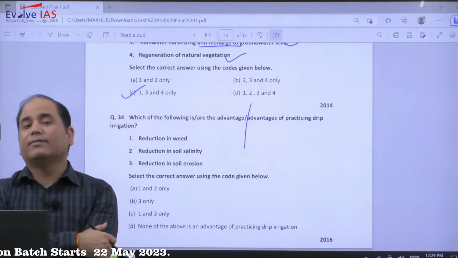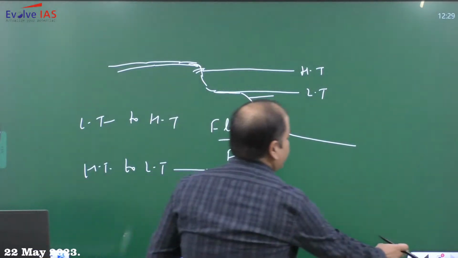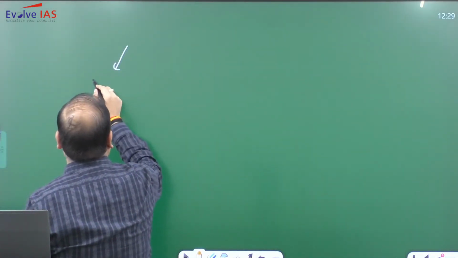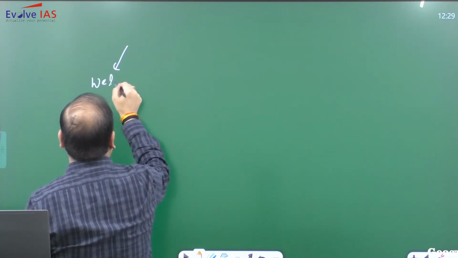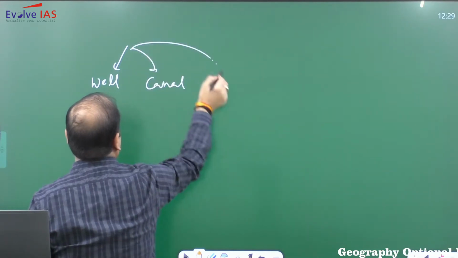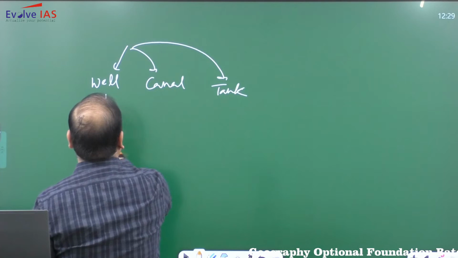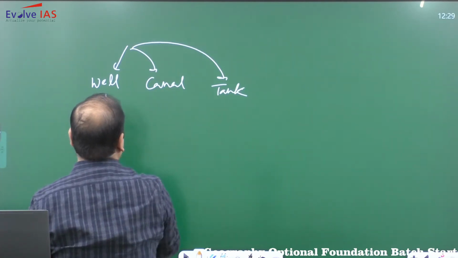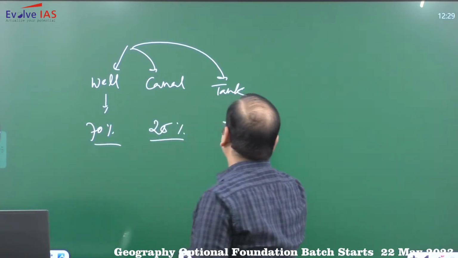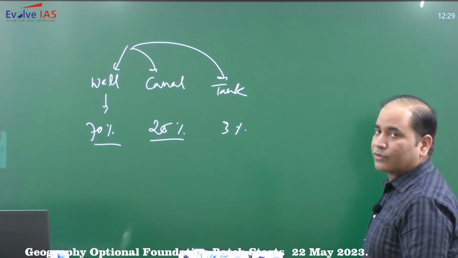In conventional irrigation, we have wells and tube wells, canals, and tank irrigation. 70% of irrigation is through wells and tube wells, 25% through canals, 3% through tanks. The remaining is associated with the modern.